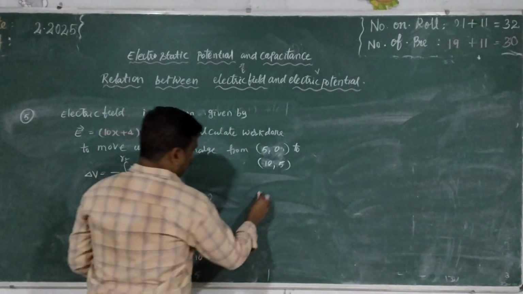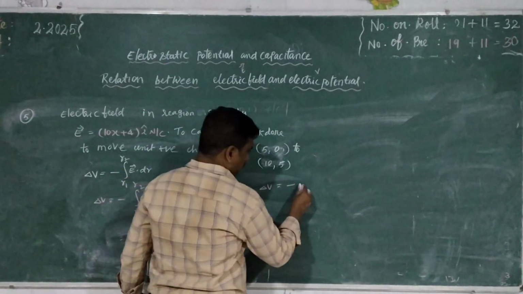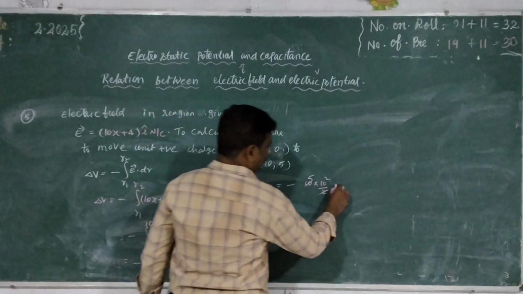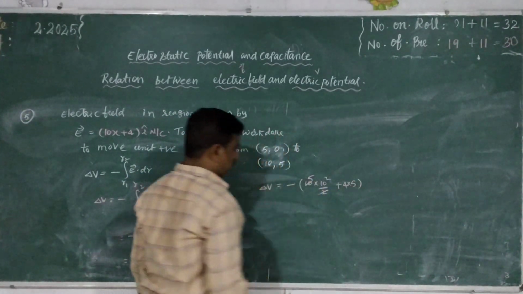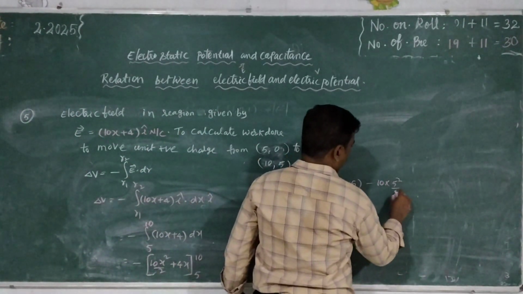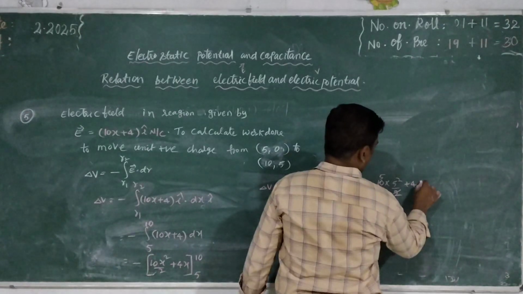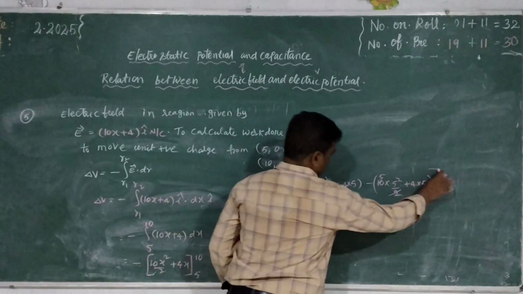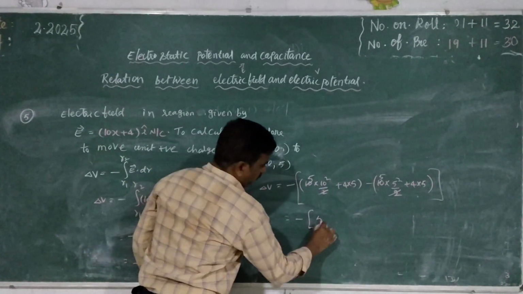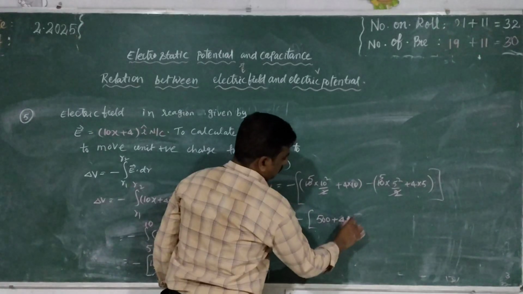Delta V, the change in potential, equals minus the upper limit, which is 10 into 10 square by 2 plus 4 into 5, next minus the lower limit, which is 10 into 5 square by 2 plus 4 into 5. 10 square is 100 into 5 is 500, plus 40, so 540.